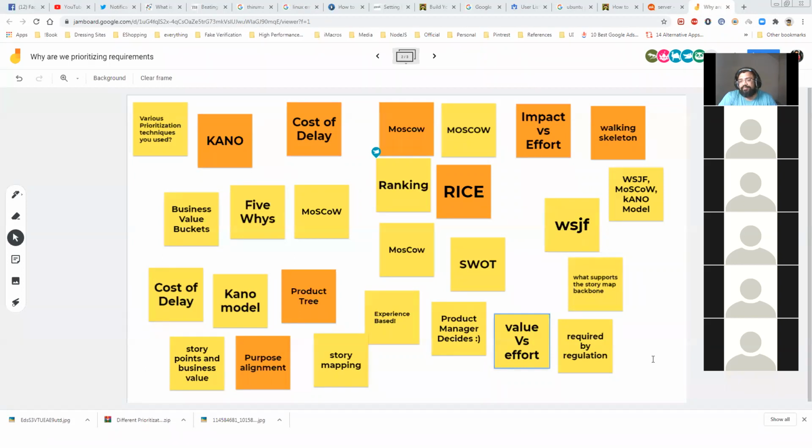True, right? At the end of the day, they are gut feel. So I definitely want these folks not to spend too much time on prioritization and estimation. Things may or may not work your way, but use these techniques only when there is a lot of confusion. Correct. That is absolutely right.